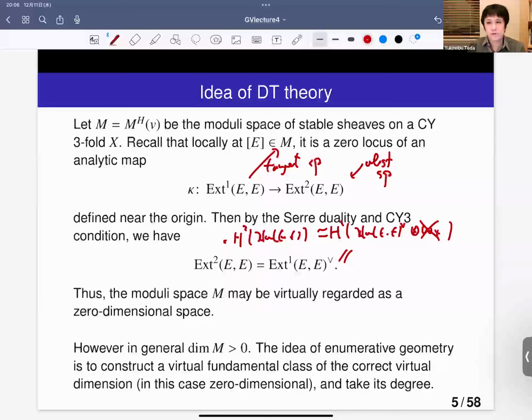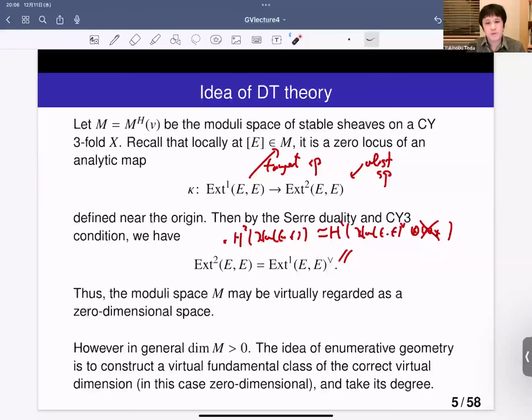This is also a defining point from Gromov-Witten theory. In particular, this means that the tangent space and the obstruction space have the same dimension. So this moduli space of sheaves on a Calabi-Yau threefold is virtually regarded as zero-dimensional.